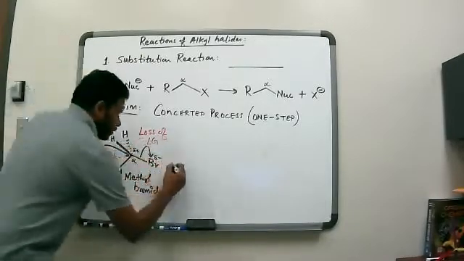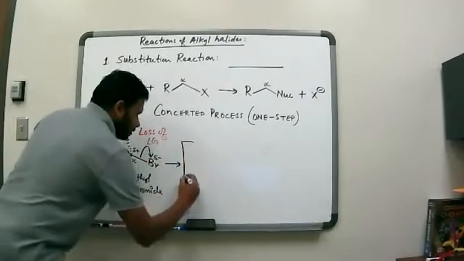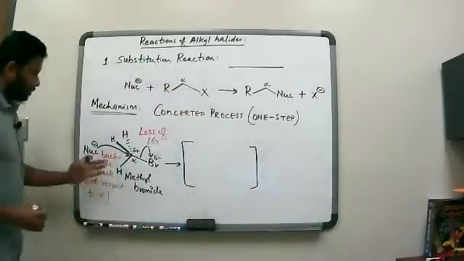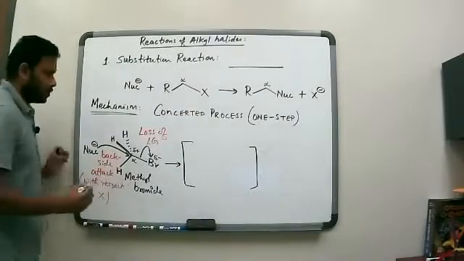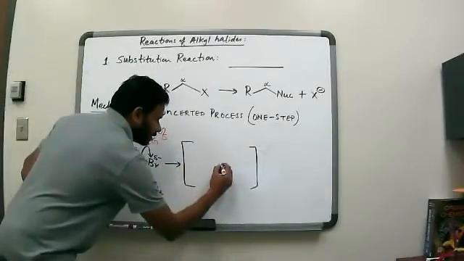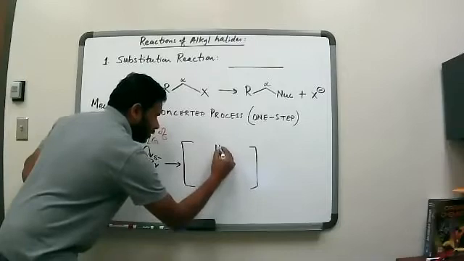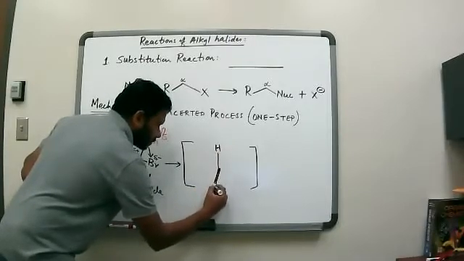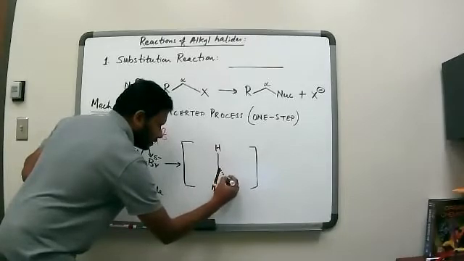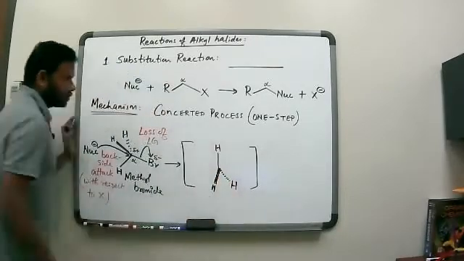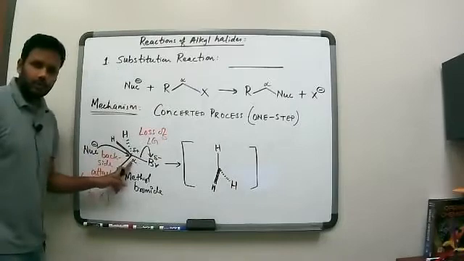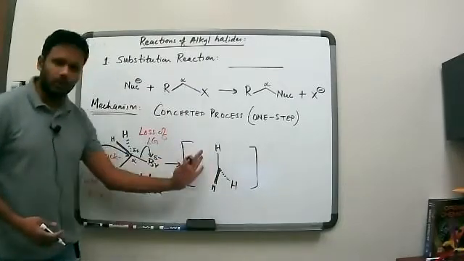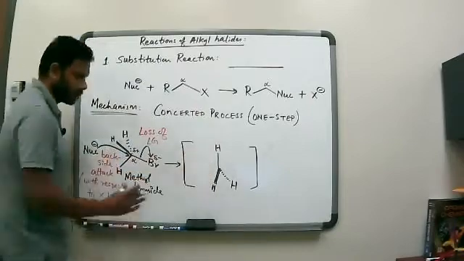So what we can imagine is a transition state for this reaction. The transition state looks something like this. So we have hydrogen, we have hydrogen. This carbon, which was sp3 hybridized, becomes almost flat, almost like an sp2 hybridized carbon.